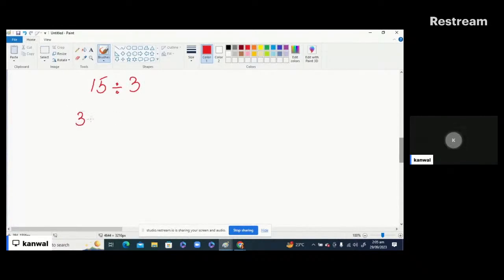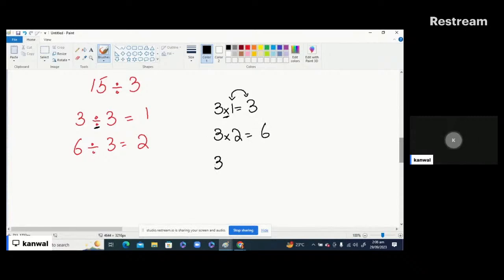First, 3 divided by 3 is 1. 6 divided by 3 is 2. This is just the opposite. Look here: 3 times 1 is 3. You just change this multiplication into the division sign and shift these two. So 3 times 2 is 6. 3 times 3 is 9.